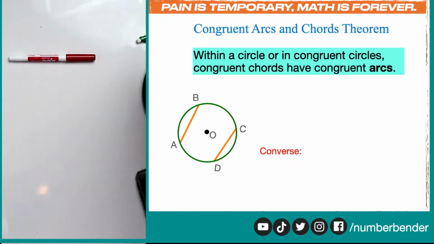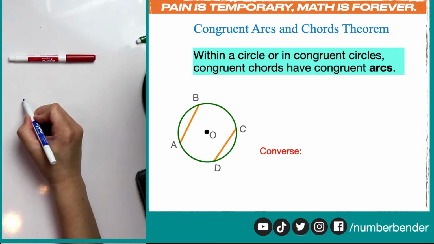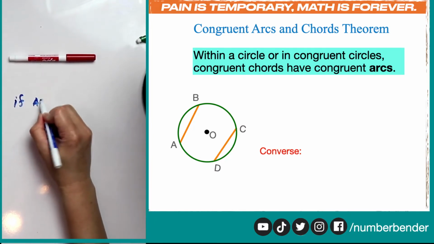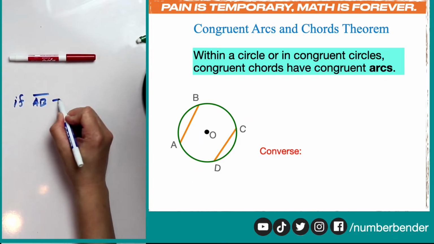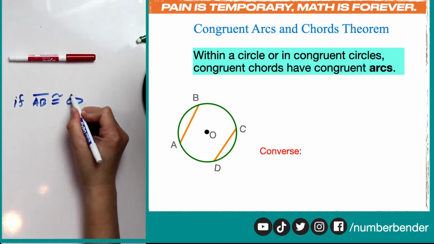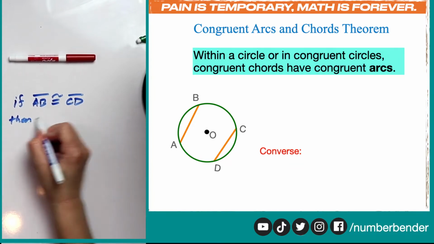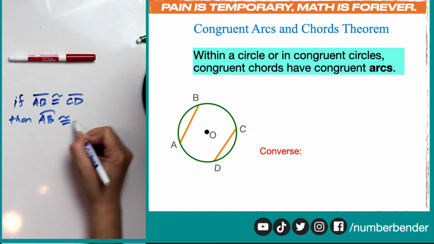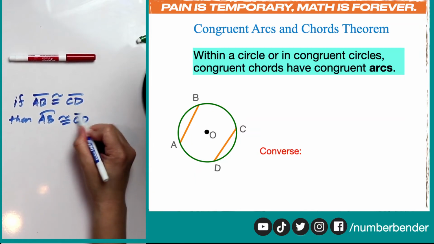So how are we going to write this theorem? So if our chords are congruent, and in this case, if AB is congruent to CD, then arc AB is also congruent to arc CD.